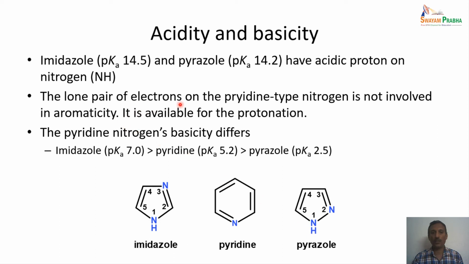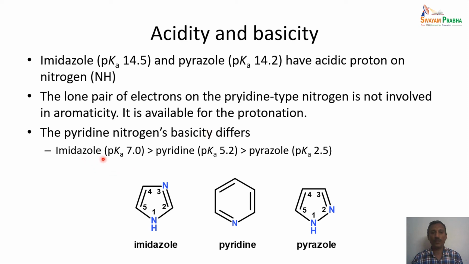But the lone pair available on the pyridine-type nitrogen is not involved in the aromaticity. Those electrons are in the sp2 hybridized orbital, which is perpendicular to the pi plane, and this is available for protonation. So those two electrons behave differently, and this pyridine-type nitrogen's basicity differs.